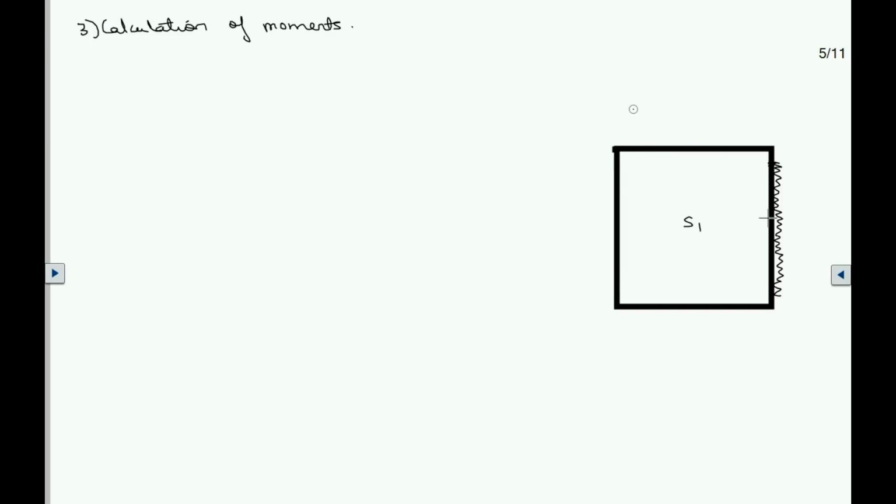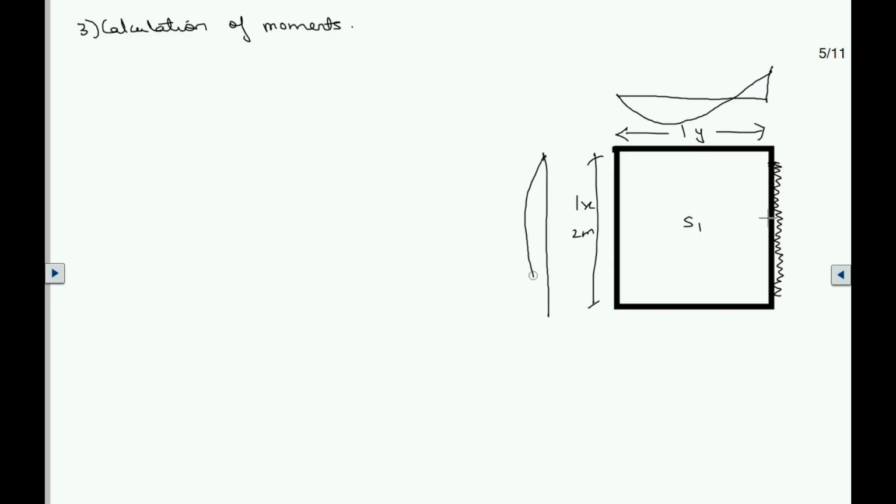So the bending moment over here will be negative moment on the fixed support and the positive moment at the center for Ly direction, and this is the Lx direction, that was 2 meter. And for this side, the bending moment diagram will be just like a simply supported beam.